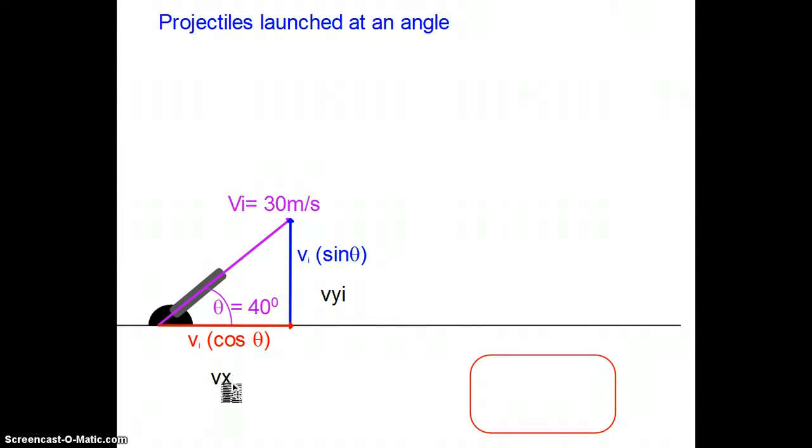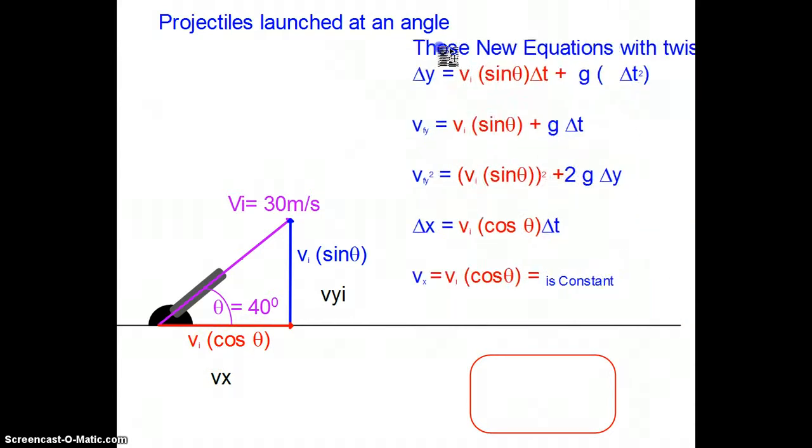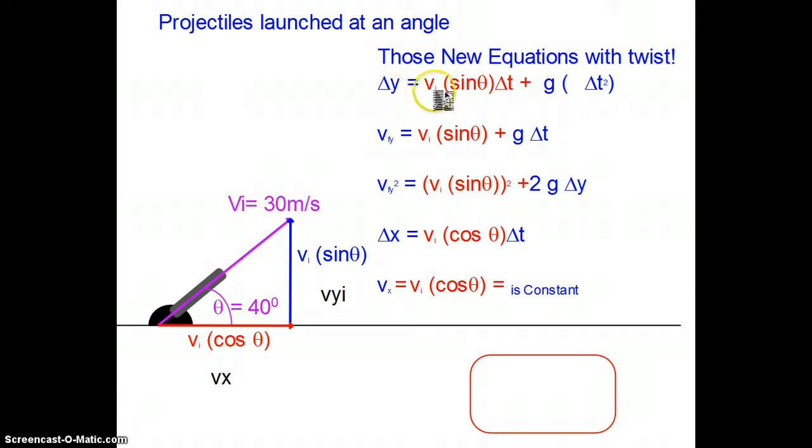So if you take all of our old equations, and where it said Vy initial, you substitute this in for that, and in all of our equations that had Vx, you substitute this in for the Vx. We take all of our equations that we had before, where now we have initial velocity. This would have before said Viy times time plus 1/2 gt squared.